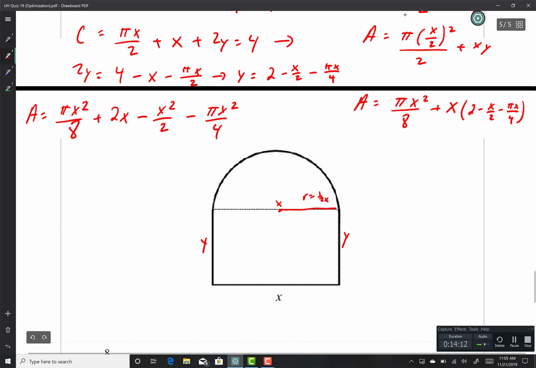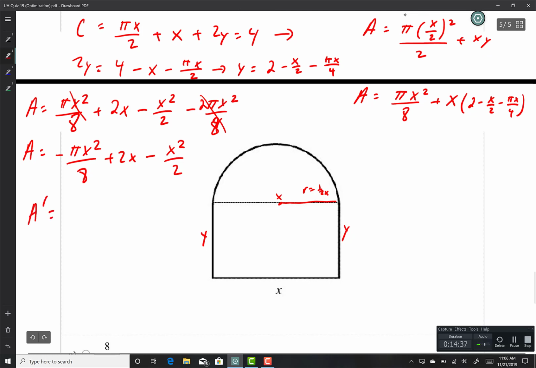I guess let's do common denominator for the pi x squares here, guys. Let's see, times 2 times 2, so 2, 8. So pi x squared minus 2 pi x squared is a negative pi. So area is negative pi x squared over 8 plus 2x minus x squared over 2. And I can probably combine the x squared over 2 if you really want to, but I don't want to.